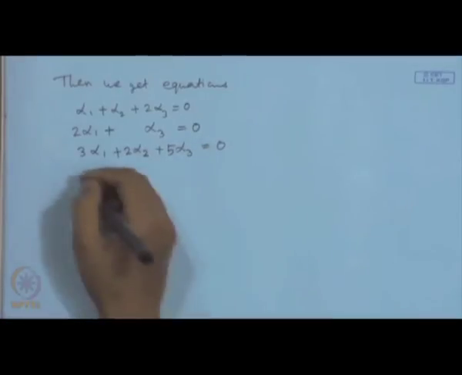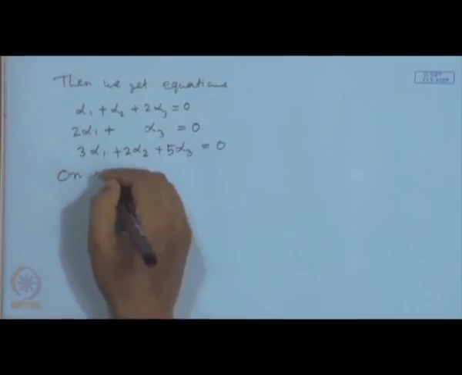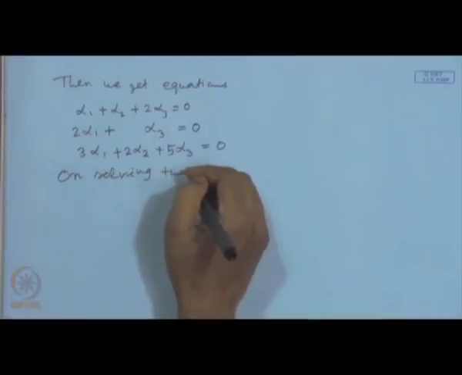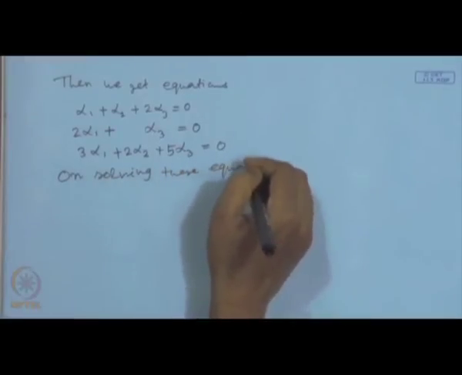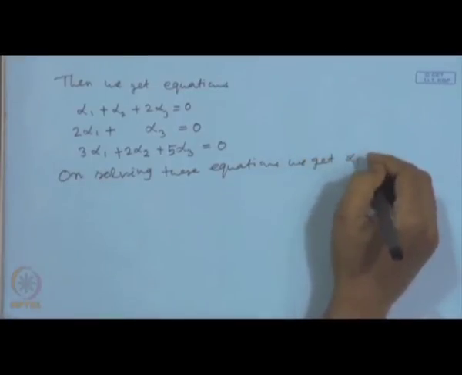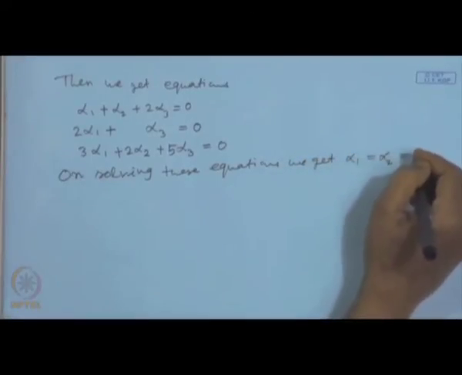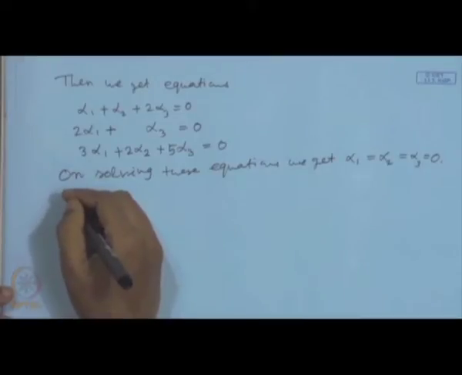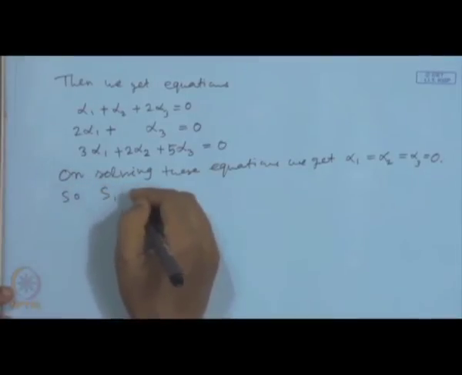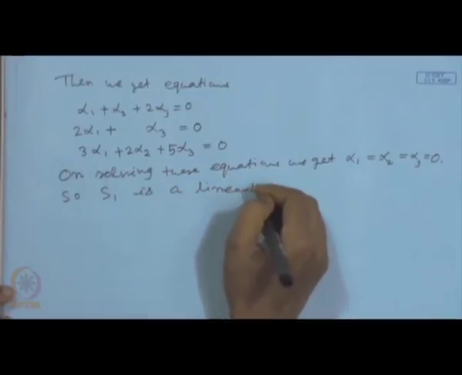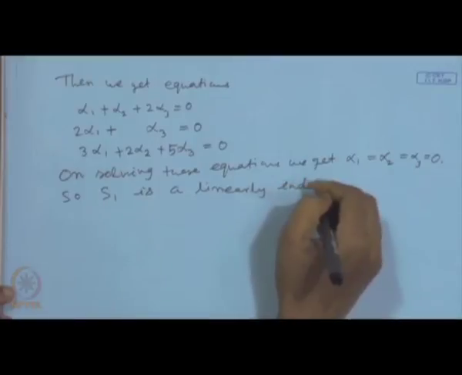On solving these equations, we get alpha 1, alpha 2 and alpha 3 are all equal to 0. Therefore, this S1 is a linearly independent set.